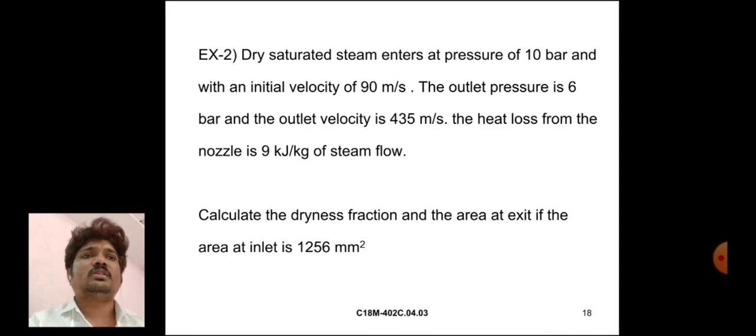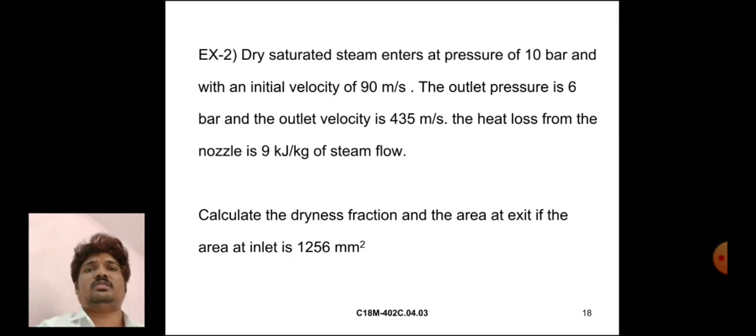The outlet pressure is 6 bar and the outlet velocity is 435 meter per second. The heat loss from the nozzle is 9 kilojoule per kg of steam flow.